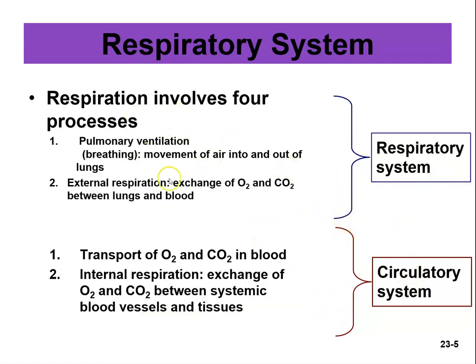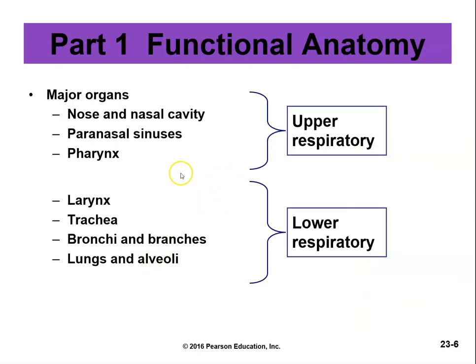Again, the respiratory system is pulmonary ventilation, which is breathing, and external respiration, the exchange of oxygen and carbon dioxide. The circulatory system then transports that oxygen and that carbon dioxide. Again, the upper respiratory tract is the nose and nasal cavity, paranasal sinuses, the pharynx. Sometimes the larynx will be included in the upper respiratory tract, but the take-home message is anything below the glottis.